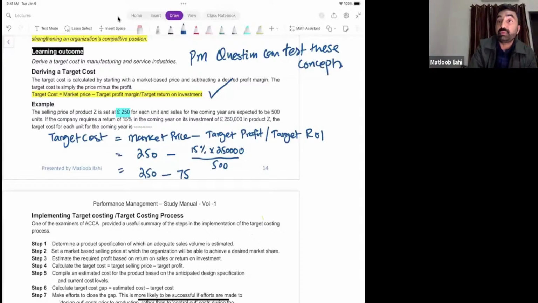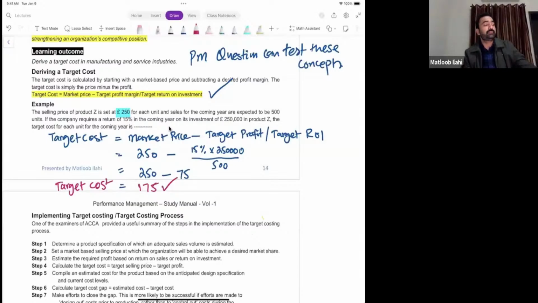Hello, have you done this 75 calculation? Well done. Okay, so the target cost is equal to 175. This is how you need to calculate target cost. I hope you have understood this one.